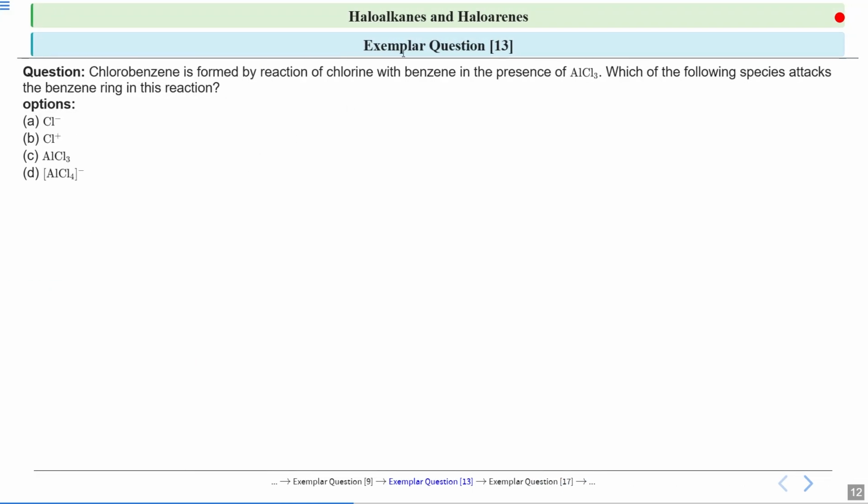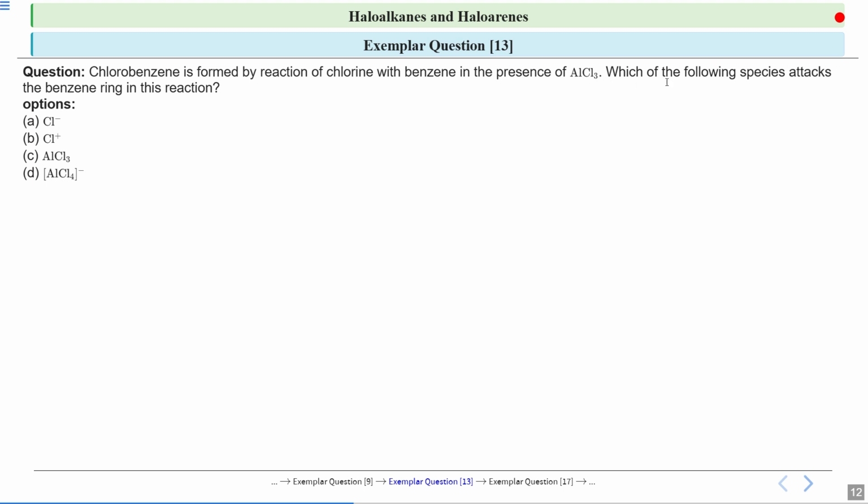Let's see our next question, Exemplar question 13. The question is, chlorobenzene is formed by the reaction of chlorine with benzene in the presence of AlCl3. Which of the following species attacks the benzene ring in this reaction? What you have to do: you are given that chlorobenzene is formed when you react the chlorine molecule with the benzene ring in the presence of a particular reagent, AlCl3.